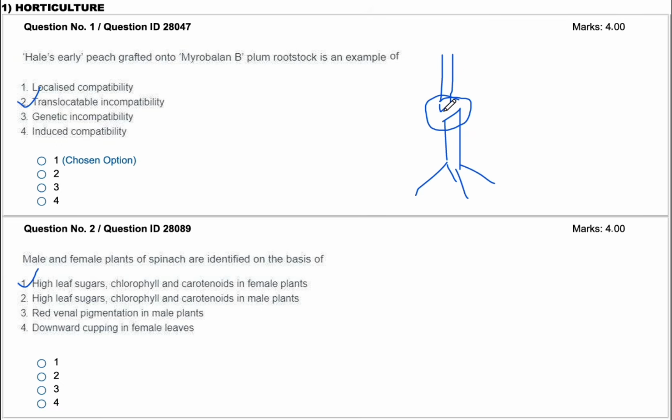Okay. Now there are different reasons for incompatibility. It can be a genetic reason, it can be a pathological reason, or different reasons are there. Okay. Sometimes during the incompatibility there will be a swelling or an outgrowth below or above the graft union, which is considered as a symptom of incompatibility.